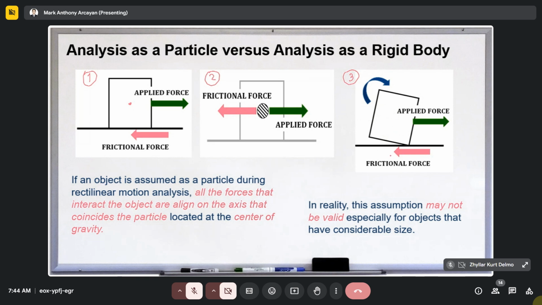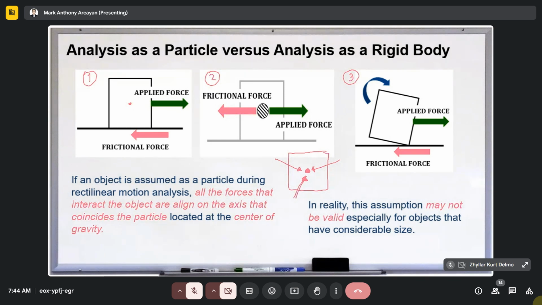It's like the external forces are now very, very far from the center of gravity, which can create a moment, because if all the external forces act at the center of gravity, then we don't have any net moment. Kung ang tanan lang mo act at the center of gravity. And that's the beauty for the analysis as a particle. No, puro lang ta dito as summation of forces.